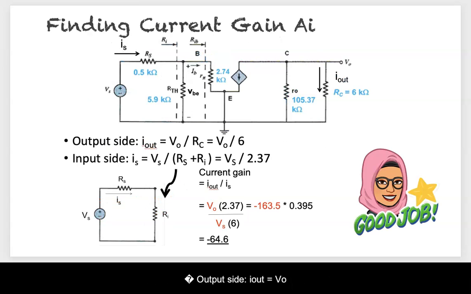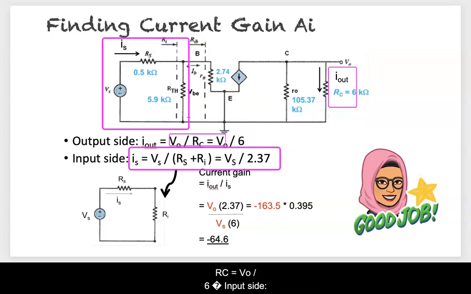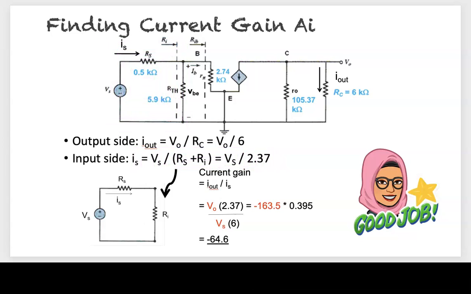Now we derive the current gain. At the output side, Iout is equal to Vout over Rc, and this is equal to Vout over 6 kilo ohm. At the input side, Is is equal to Vs over Rs plus Rin, and this is equal to Vs over 2.37.